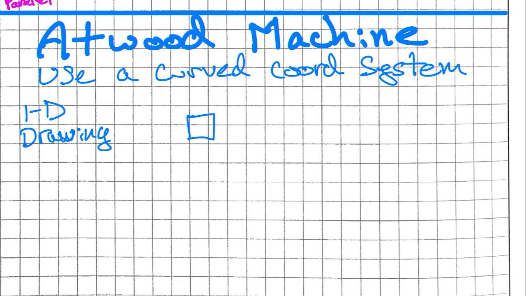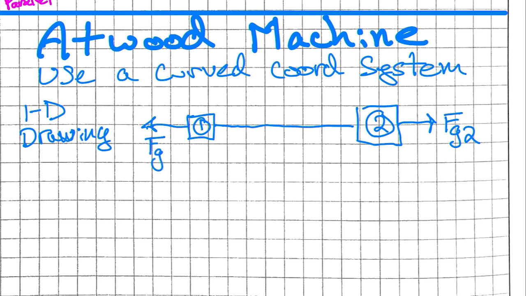If I was to make this a one-dimensional drawing, okay, this would be object number 1. We'd have our string. It would be connected to object number 2, and we would have the force of gravity on number 2 pulling to the right. I would have the force of gravity on number 1 pulling to the left, and in the middle here we'd have tension.